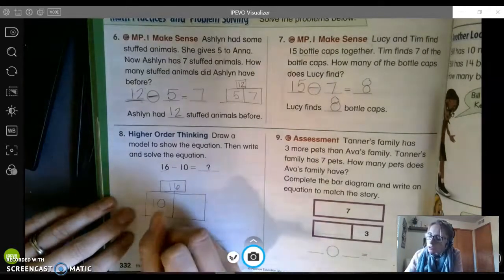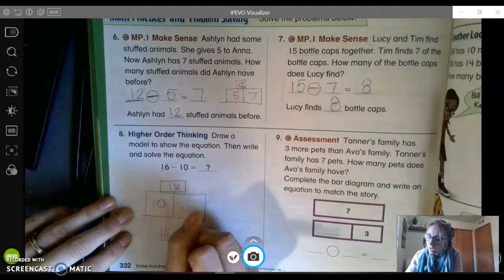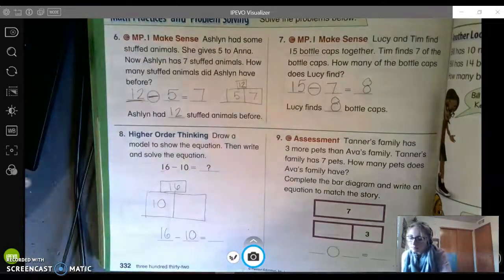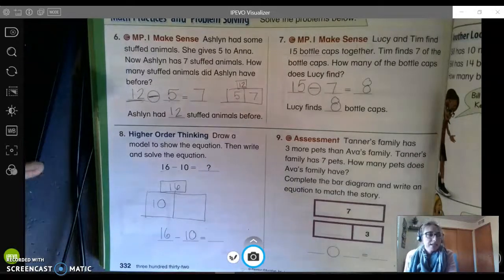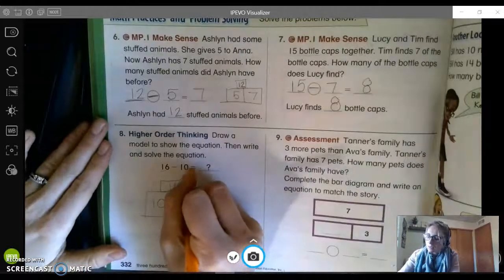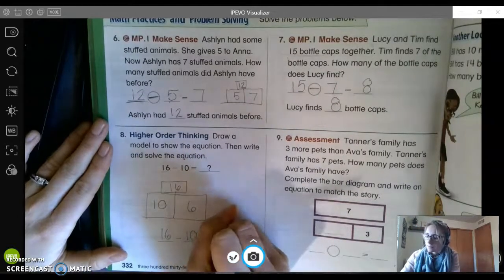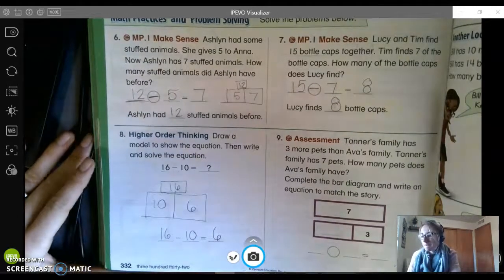Okay, so let's just stick with 16 minus 10, since that's what we have up here. And so when I take 10 away from 16, what I have left is 6. Okay.